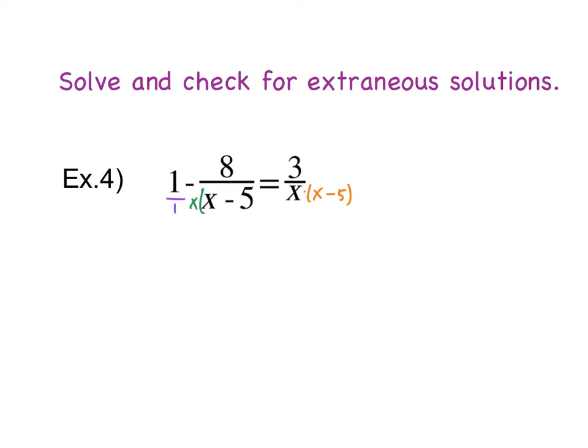So I would multiply that by that, and I notice that these two denominators are now the same. They both have an x and an x minus 5, and so the 1 would also need the x and the x minus 5. Okay, so there's our LCD, x times x minus 5, and I'm not going to distribute that.